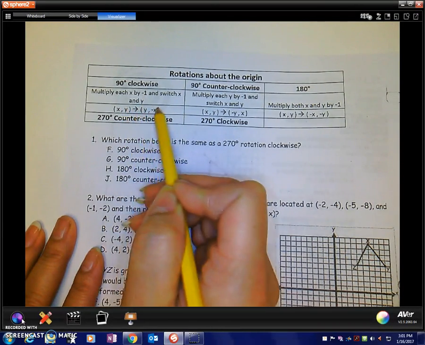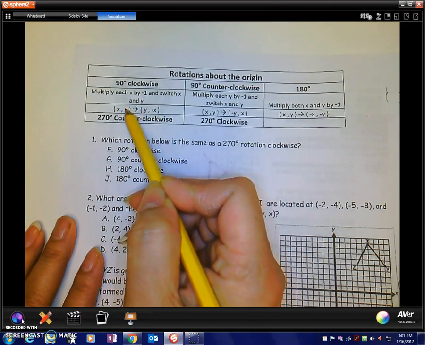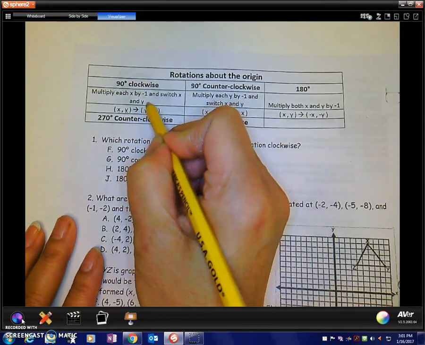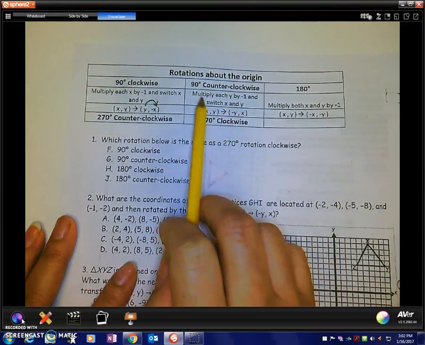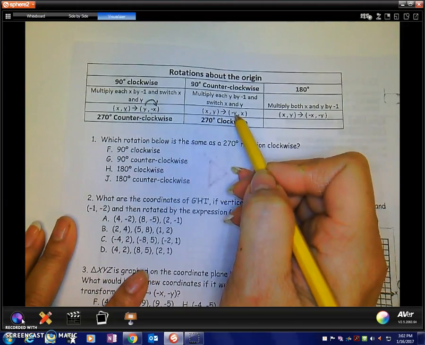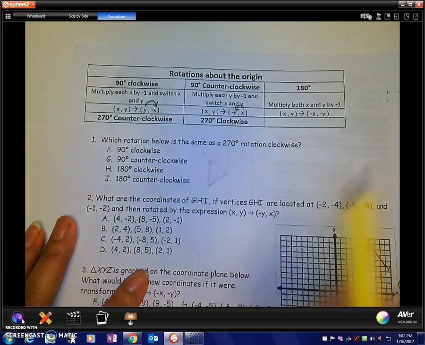Usually I switch it first and then multiply by a negative 1. So (X, Y) becomes (Y, X). And then 90 degrees clockwise, we go this way, so I put a negative X. 90 degrees counterclockwise, we flip them, switch them, and then we go this way, so Y becomes negative Y.